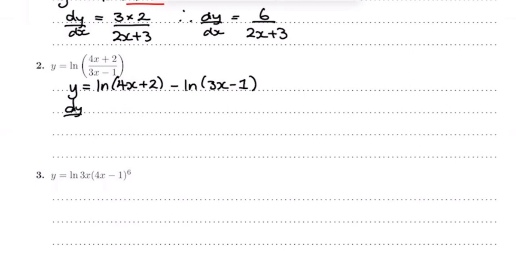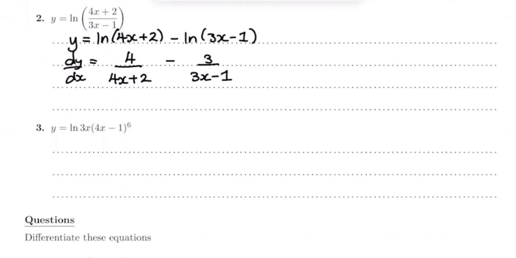And when I differentiate it, from the inside I get 4, it's 4 over 4x plus 2. Okay, and then it's going to be minus 3 over 3x minus 1. Now you could combine those using algebraic fractions. I'm not going to bother.